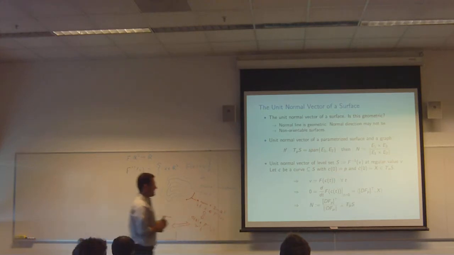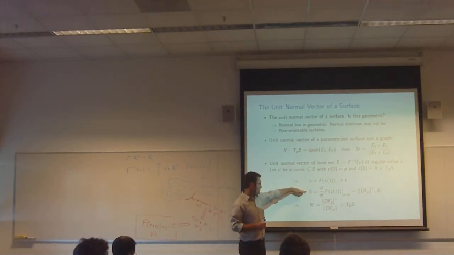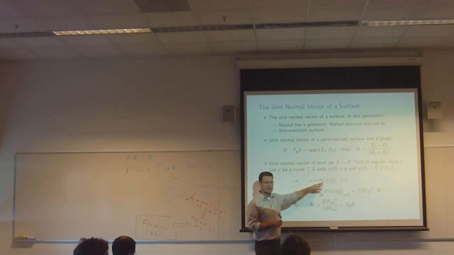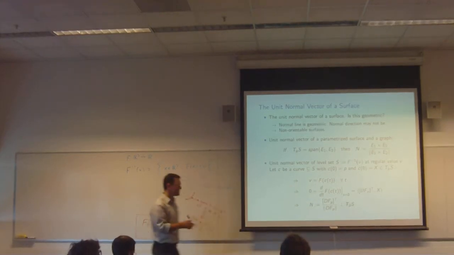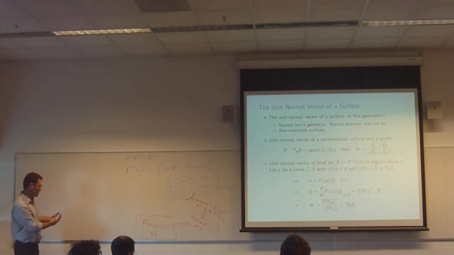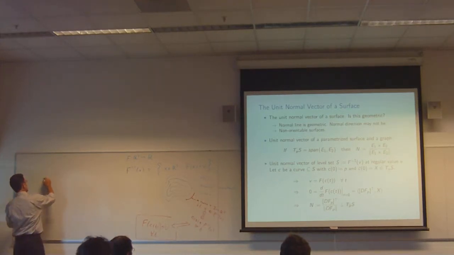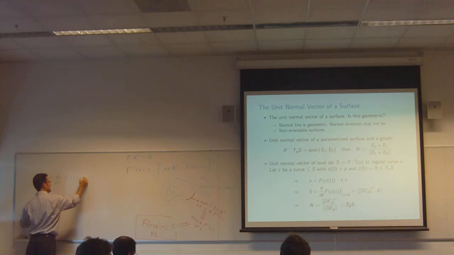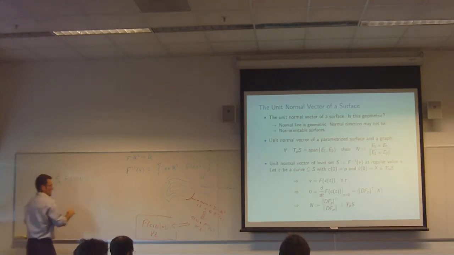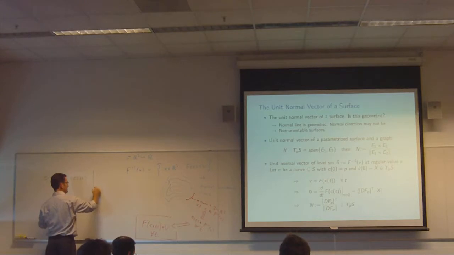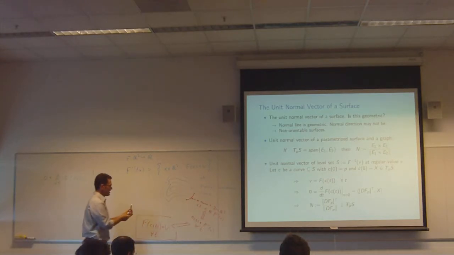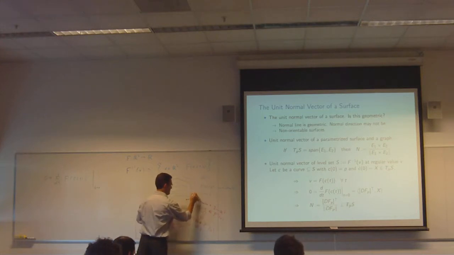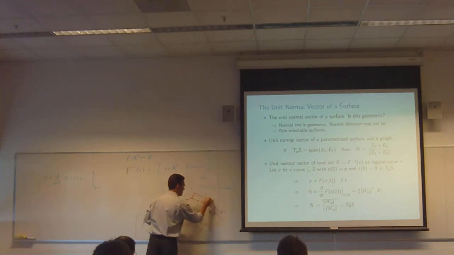Okay, so now we have this: the right-hand side depends on t, the left-hand side is constant. So if I differentiate, I get zero derivative on the left, and my nice formula is going to show up on the right. So what I get is 0 is equal to d by dt of f of c of t. Let me take t equals 0, and let me say that c at 0 is just some point p, which sits inside the level set v.